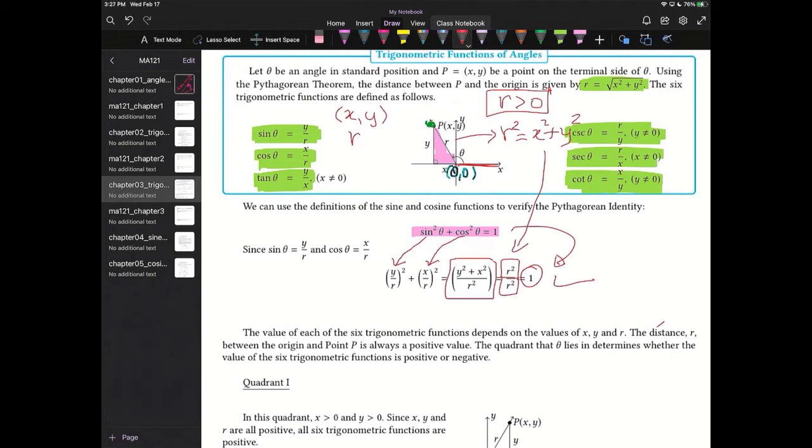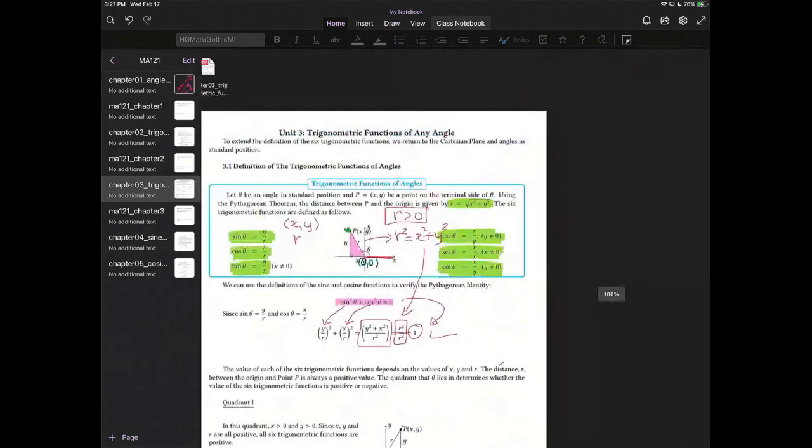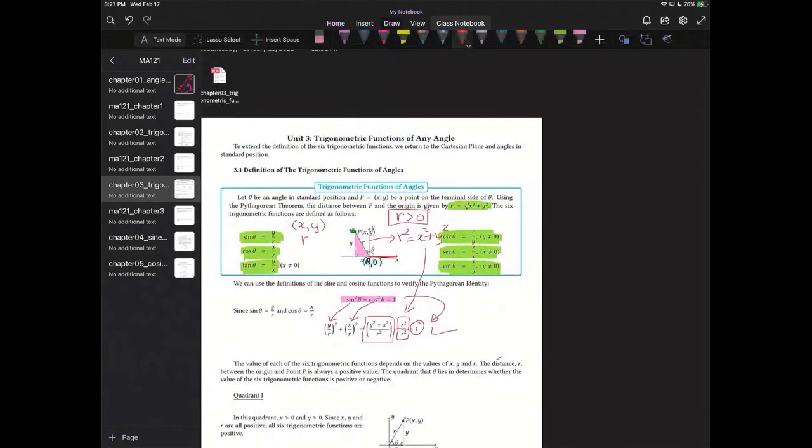And also, by the way, it does not contradict the definitions we saw last time in Unit 2, because if you look at the angles for the right triangle, as we did in Unit 2, you had the right triangle, and if I call r the hypotenuse, and let's say this is going to be x, this is going to be y, we again have the same relationship for the right triangle by the Pythagorean theorem, which is r squared equals x squared plus y squared.